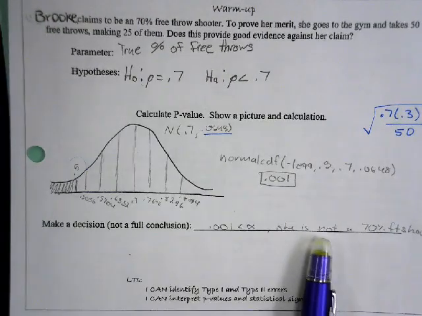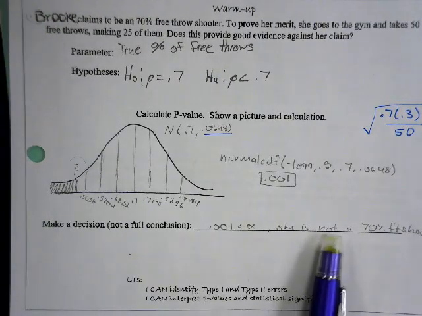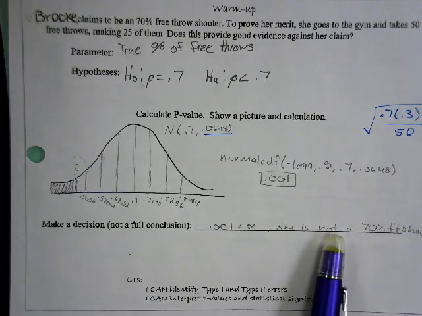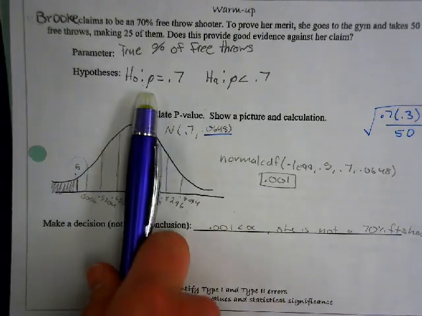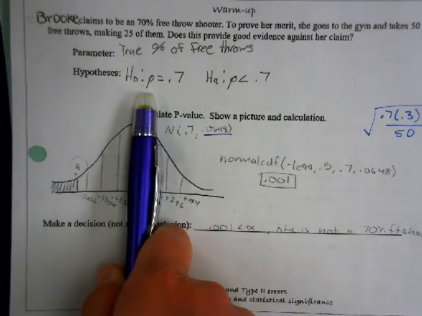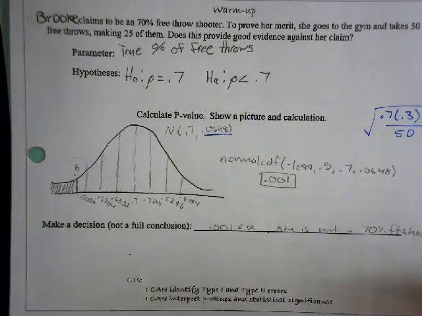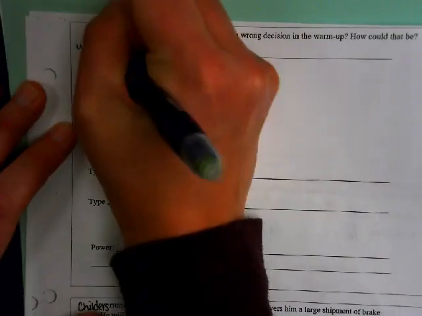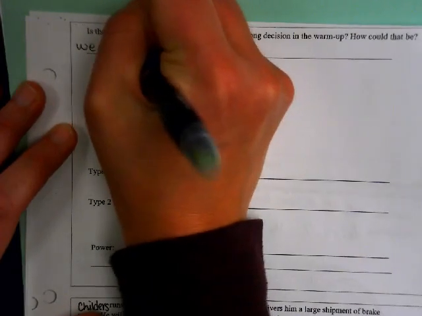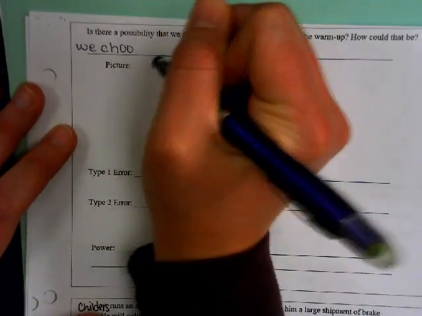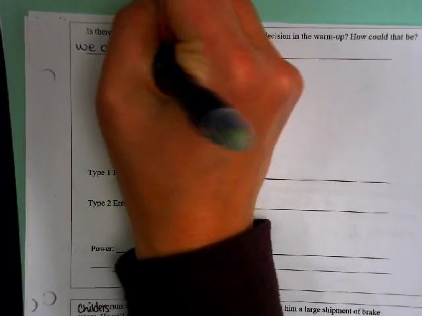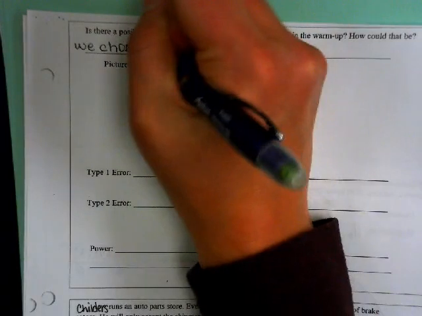So Lindsay said she's not a 70% free throw shooter. In terms of how we write our conclusions, that would be rejecting H null and concluding the alternative, that Brooke is not that good. So based on our p-value, we chose to reject H null.